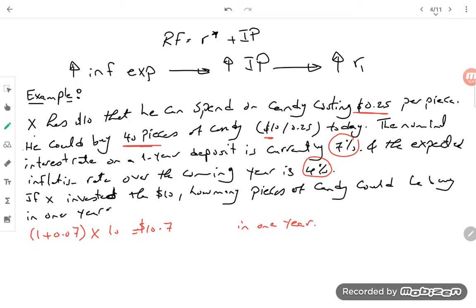Due to inflation, one piece of candy would cost 1 plus 0.04 multiplied by 0.25. So it's 0.26. This is due to inflation. As a result, X would be able to buy 10.7 divided by 0.26, which is 41.2 pieces.